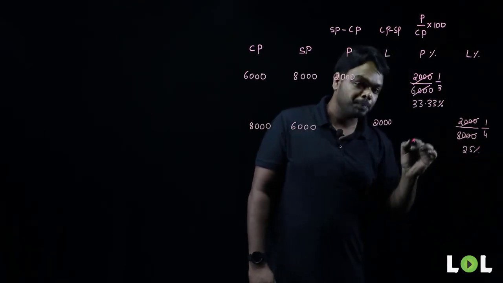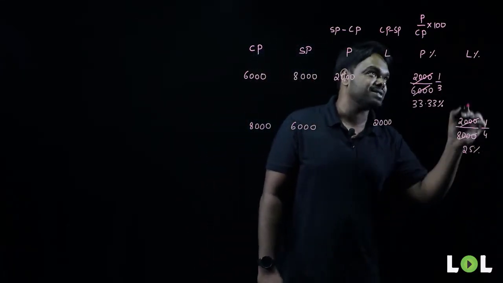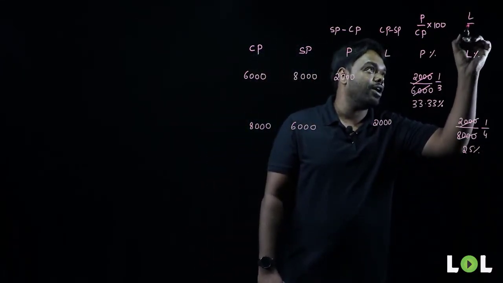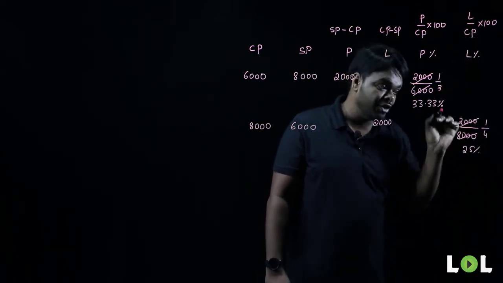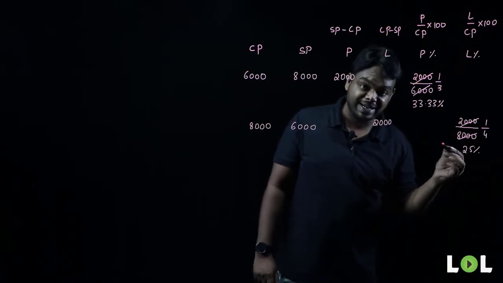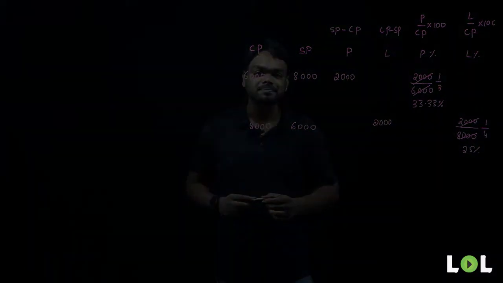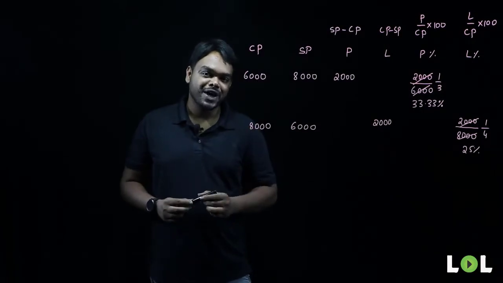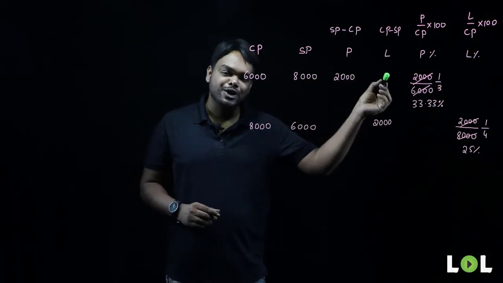So in this process, you made a loss of 25%. Now, how did we calculate loss percentage? It is just loss divided by cost price into 100. Again, we did not use 100 here because we directly know that 1 by 4 is 25%. Now we understood how to calculate profit and loss, also profit percent and loss percent.